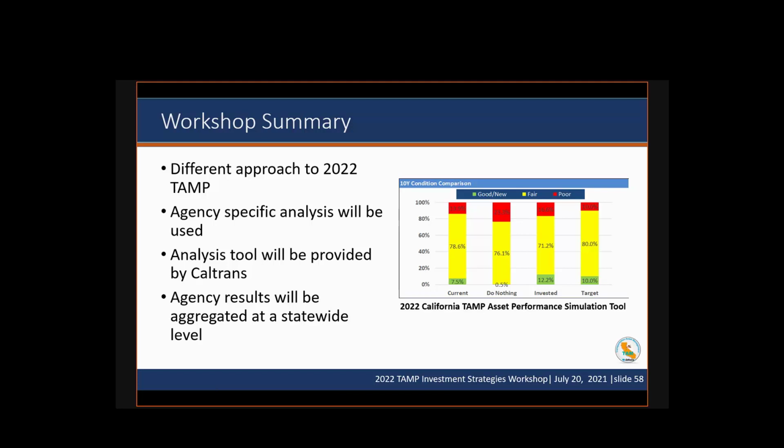We'll be providing some technical support on the use of the tool, with the goal being that each MPO will be able to do an agency-specific analysis, and that analysis will be specific to your inventory, your condition, your finances, your risk tolerance, your unit costs, your deterioration rates.